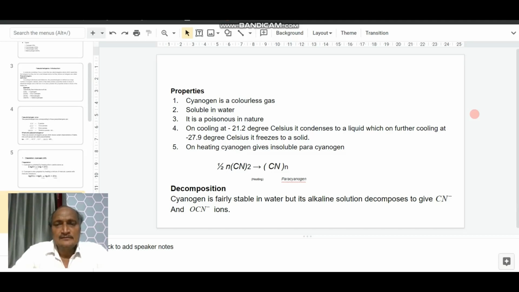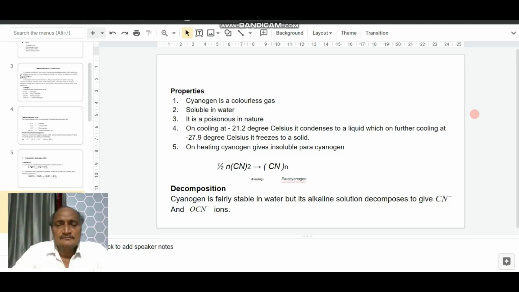On cooling at minus 21.2 degrees Celsius, cyanogen condenses to a liquid, which on further cooling at minus 27.9 degrees Celsius freezes to a solid.